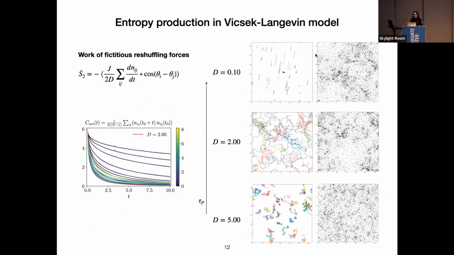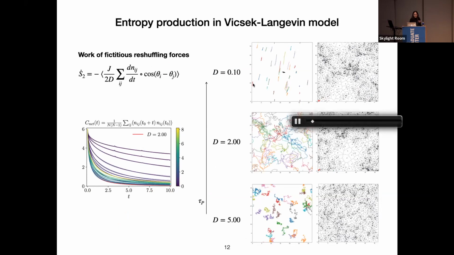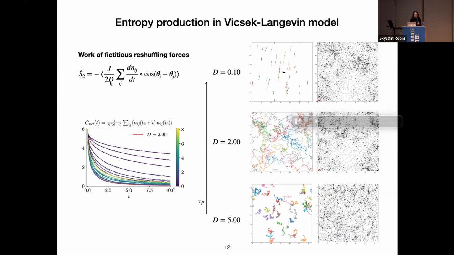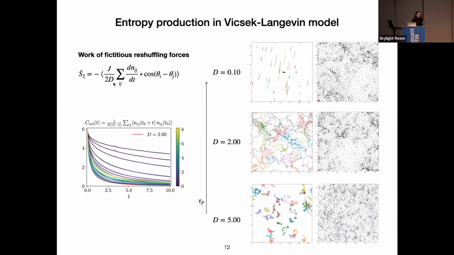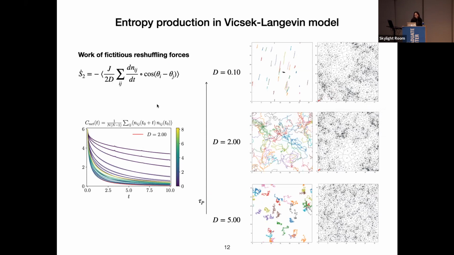It was not obvious to us at the beginning that this should be 0, even if there is this equilibrium limit, because we also have a factor 1/d here. So reshuffling is small. It's almost equilibrium, yeah.